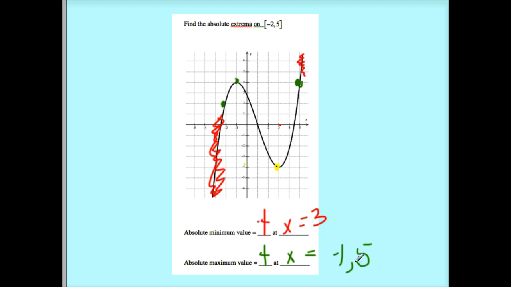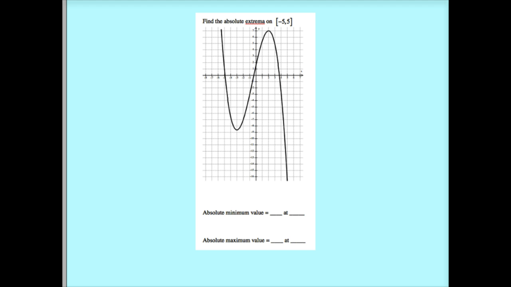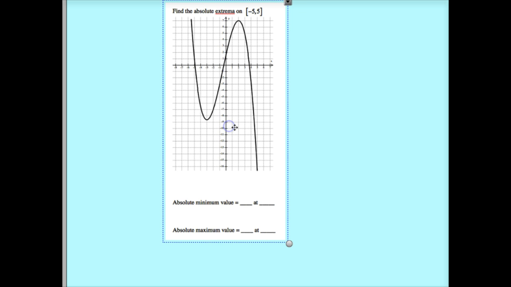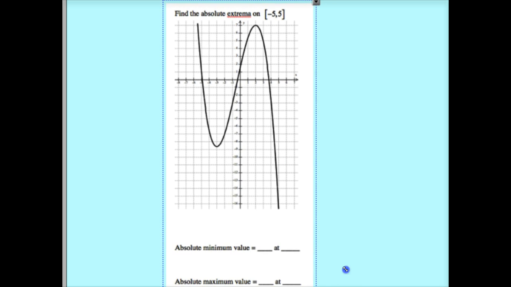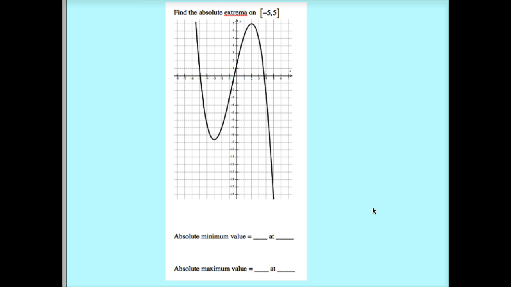Let's try another one. It says find the absolute extrema on -5, 5. So I'll make this a little bit bigger. Once again, we mark -5, which is right here, and we mark +5, which is down here. So I am not allowed to look at this section since it's not part of our interval. I want our minimum value.